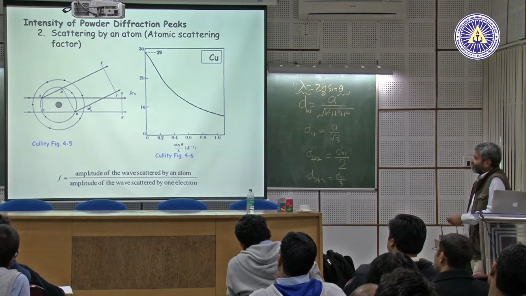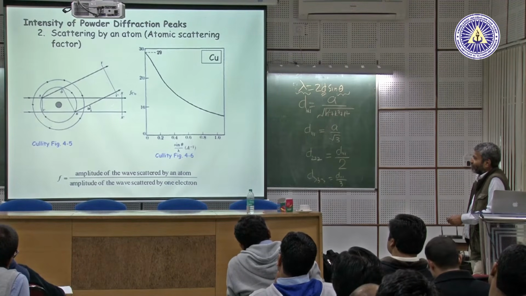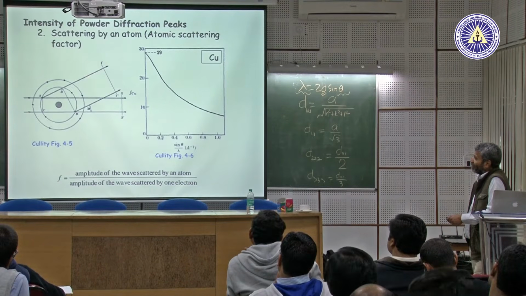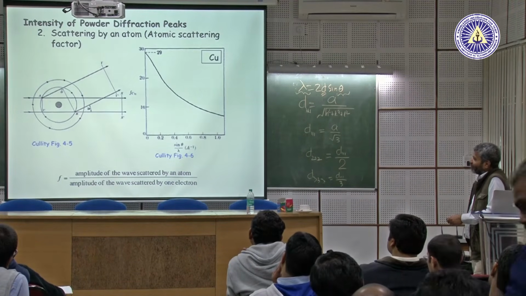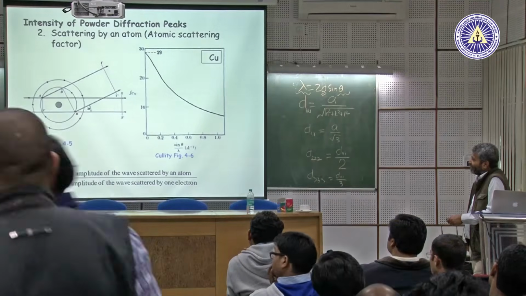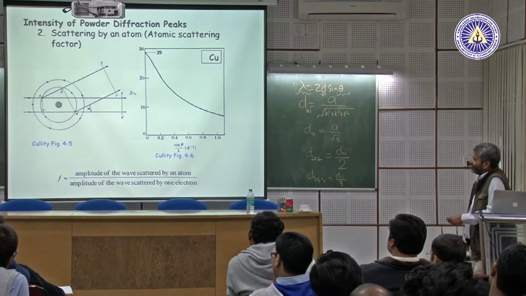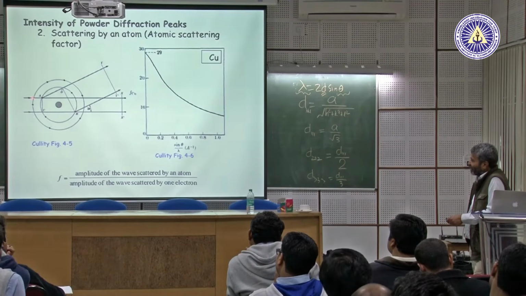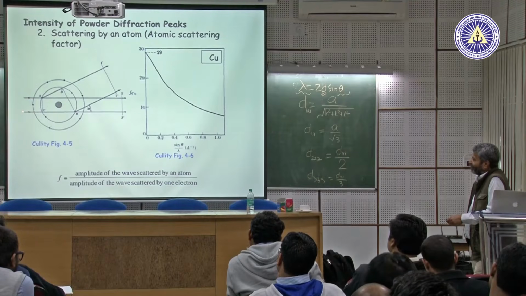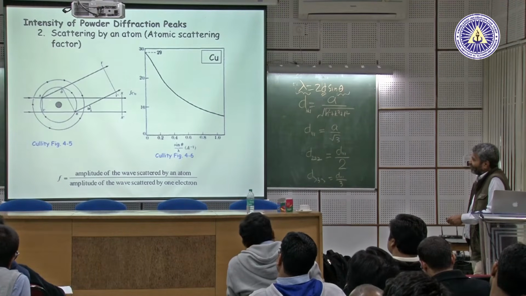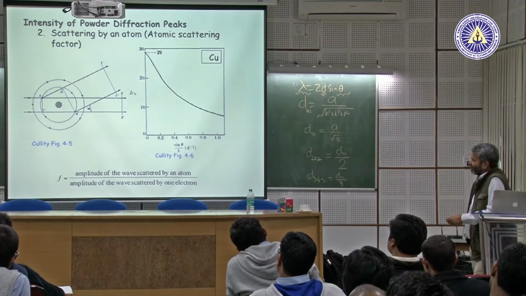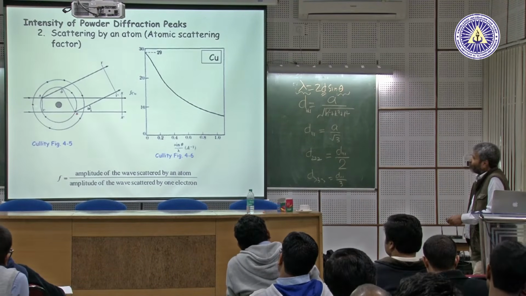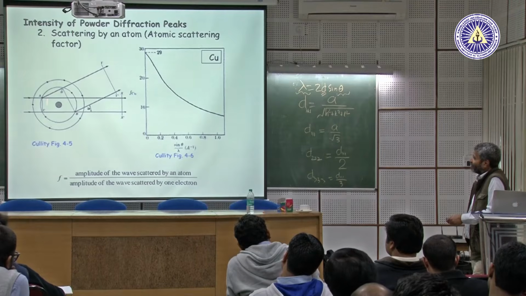So, there is no path difference between these two beams, whereas in a non-forward direction there will be a path difference. Before the AC line they travel the same distance, and beyond the BD line they travel the same distance, but between AC and BD the top beam travels AD and the bottom beam travels CB, which are not the same. So, there is a difference in path between these two beams going in different directions.